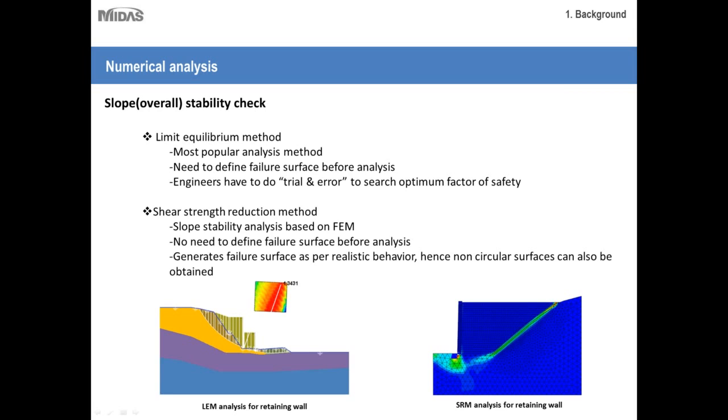There is no need to define a failure surface before analysis, and it generates the failure surface as per realistic behavior. Hence non-circular surfaces can also be obtained, whereas in the other method you mostly go for circular surfaces. Here this could be any irregular surface based on the shear strength reduction method.